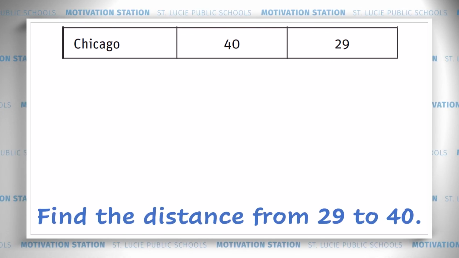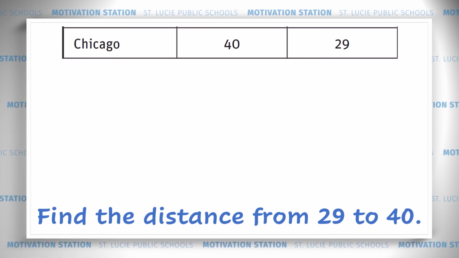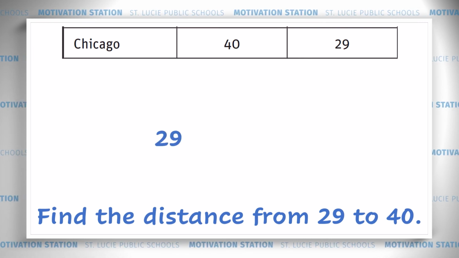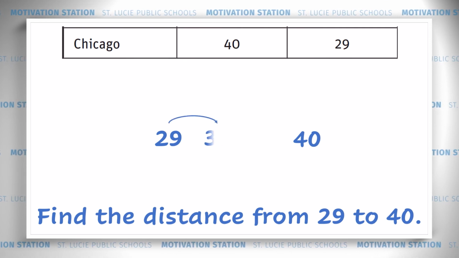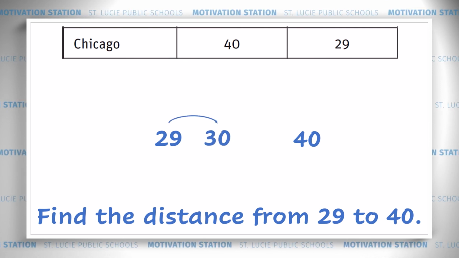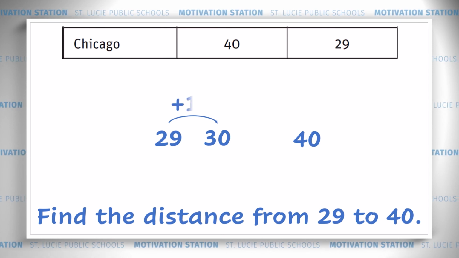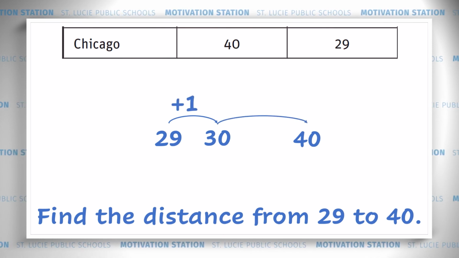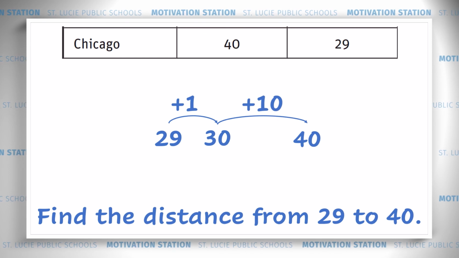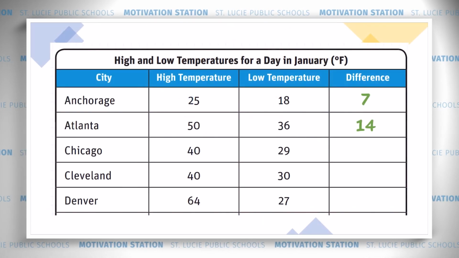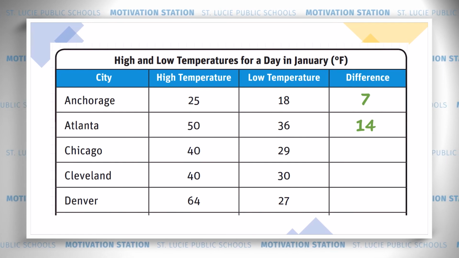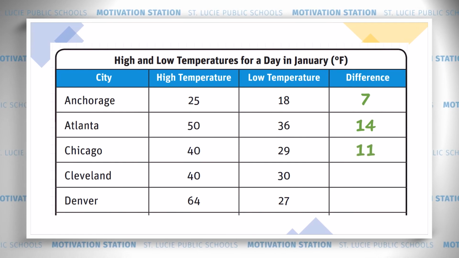For this one, we're going to find the distance from 29 to 40, meaning we're going to start at 29 and go to 40. A first easy jump would be to a nice 10, like 30, so let's do +1. And then from 30, we go to 40, and that's +10. 10 plus 1 is 11. The difference is 11 degrees.